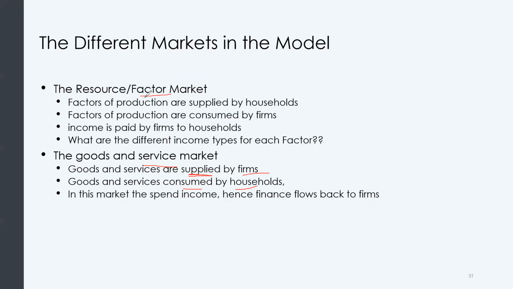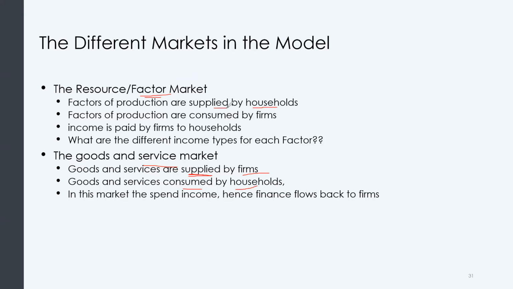Now, when you go to the factor market or the resource market, this is the market where you buy as a company labor. This is the market where you get properties to rent for your company. This is the market where you get entrepreneurs. This is the market where you get the capital you need to start your business, right? So in the resource market, it is the households that are now the suppliers.